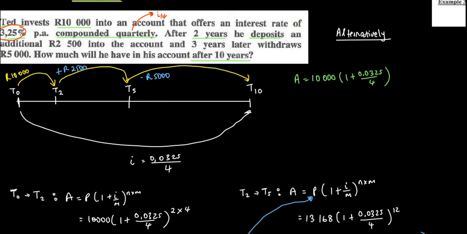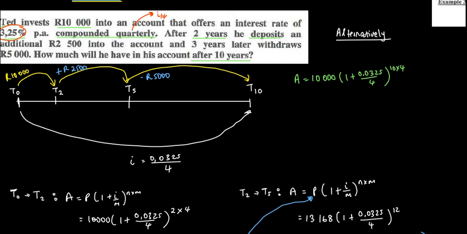Listen to this carefully. 10,000 is going to grow for 10 years if we're just looking at it as if it was not disturbed. It was just on its own growing. So it's going to grow for 10 years, right? So when you say 10 multiplied by 4, you're going to get 40, to say 40 quarters there.